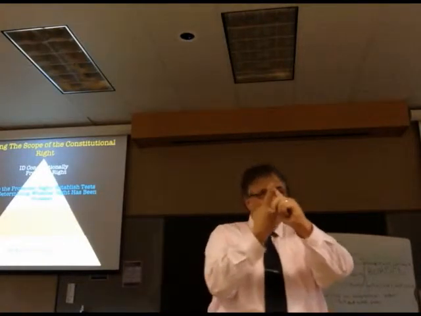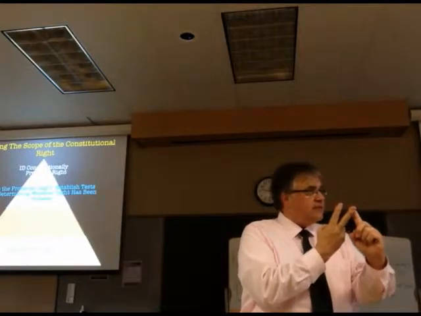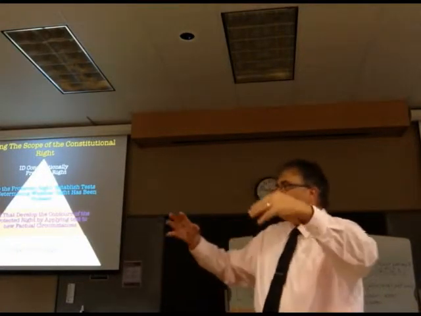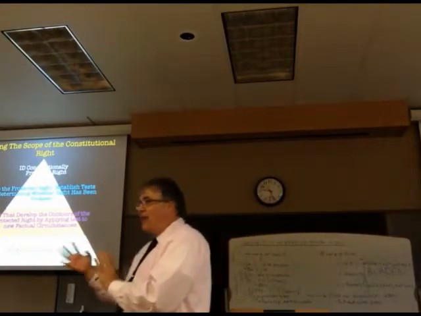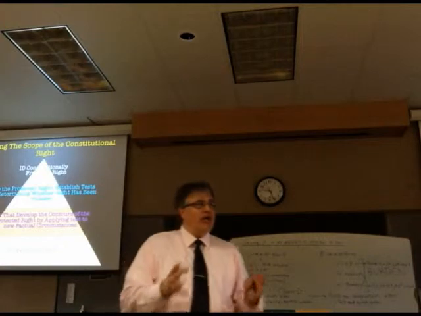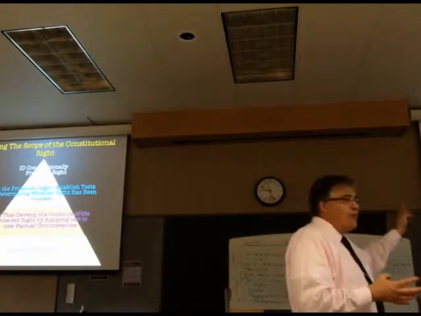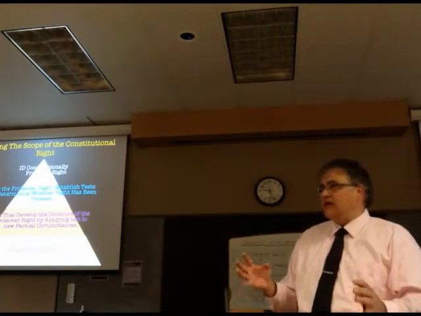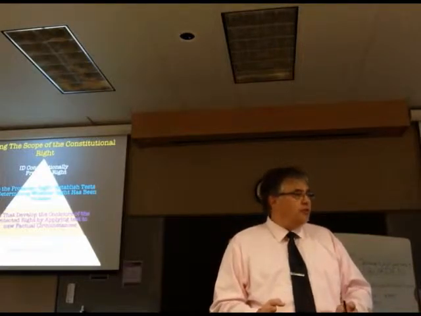So I've got to identify the right, then establish the test to tell me whether or not the right has been violated, and then develop the contours of that particular right by applying the test to a different set of factual circumstances. Okay? These three pieces are constitutional analysis of these appellate cases from a federal criminal procedure perspective.